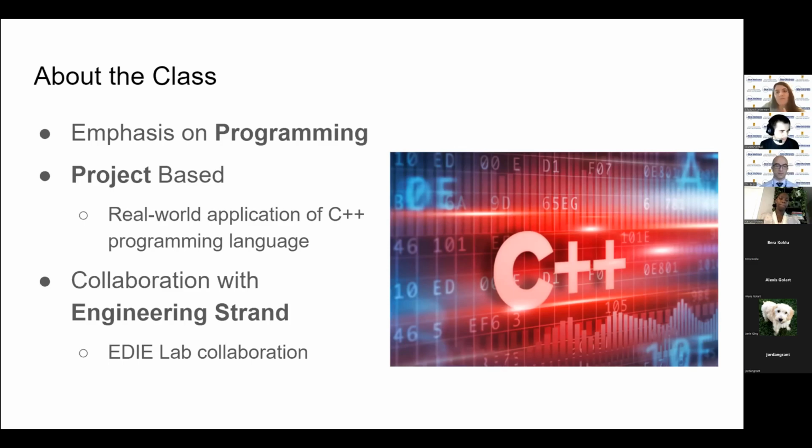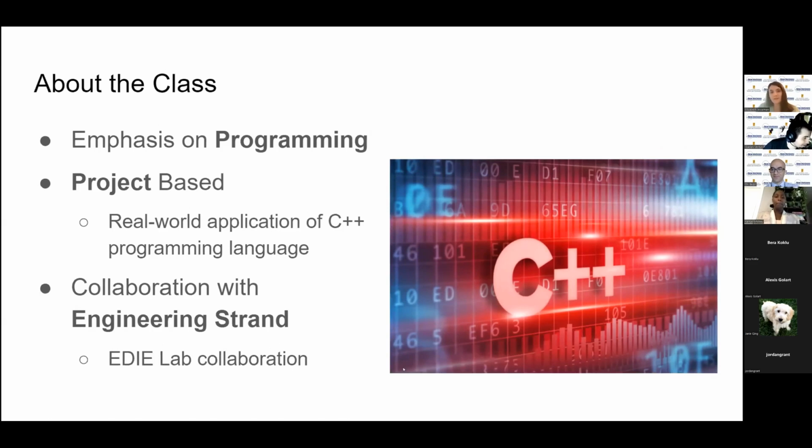However, I'm still going to give you a run through of the basics of C++, like input and output, loops, conditionals, that sort of thing. And then it's going to slow down into more advanced topics like classes and structs. We're also going to talk about algorithms like sorting algorithms and dynamic programming, along with other things.